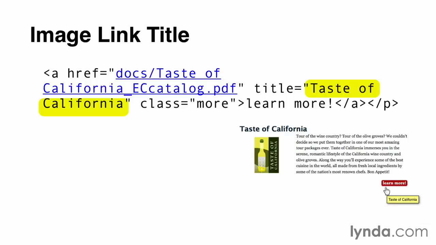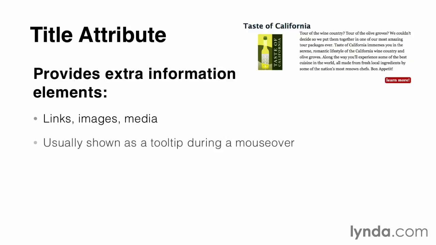And that tooltip helps to explain a little bit more because we're putting a title. That's the code that creates that tooltip. Now, it's not necessary that you use tooltips all the time. It's just a matter of providing extra information on the elements on your website. You can use the title attribute in links, images, or any multimedia, and it shows as that tooltip.